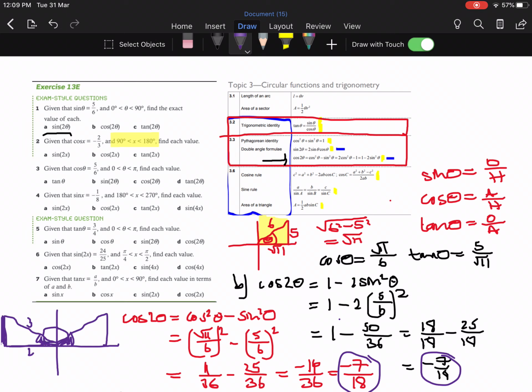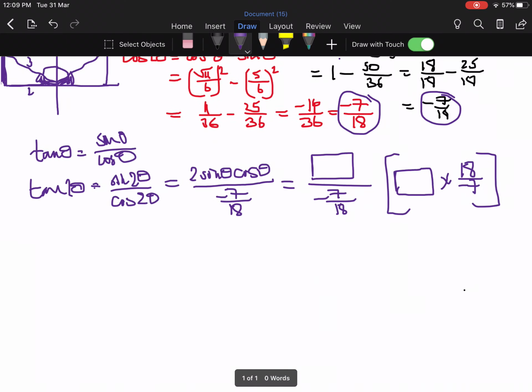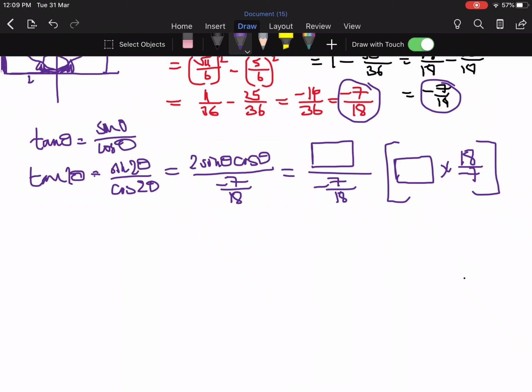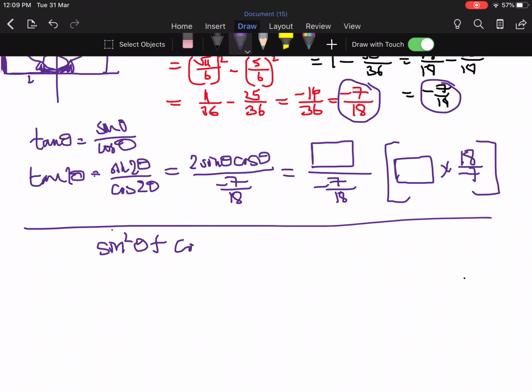Okay, people, I think that is everything covered. Oh, yeah, forgot about this, the book method. So although I draw the little triangle, the book also uses this formula, sine squared theta plus cos squared theta equals 1.